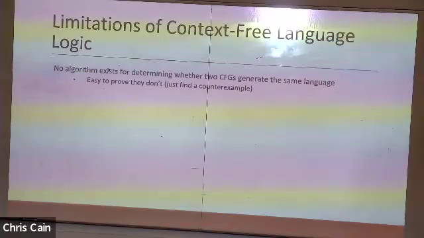You would need to have some way of converting one grammar into the other grammar, and we had a way to do that with regular grammars. We could convert a grammar into another grammar, but the rules of context-free grammars make that process impossible. We can change the form of a grammar, we can convert it into Chomsky normal form, but we can't convert one grammar in an arbitrary form into another grammar in an arbitrary form.